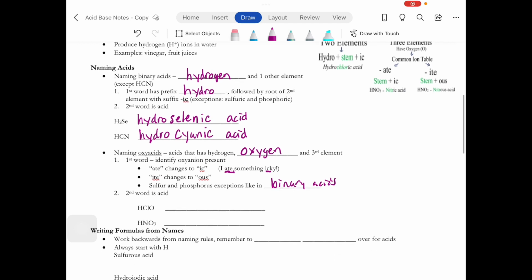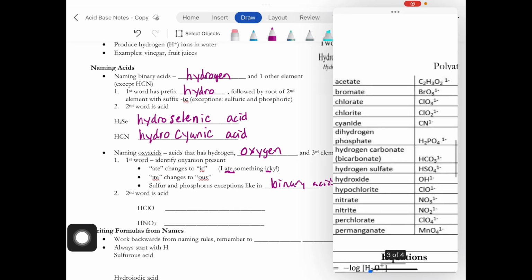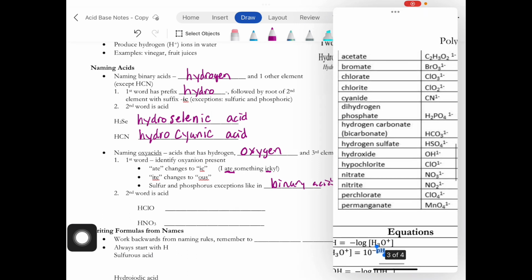Okay, so these are both oxyacids because they have oxygen and they start with a hydrogen. Let's start by finding ClO. ClO is right here, and it's hypochlorite. Realize hypo is part of the name, and hypo is different than hydro.